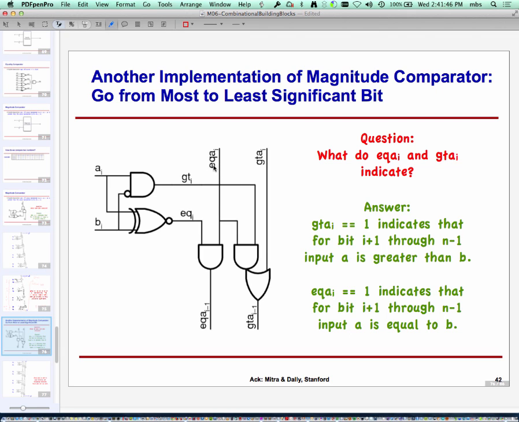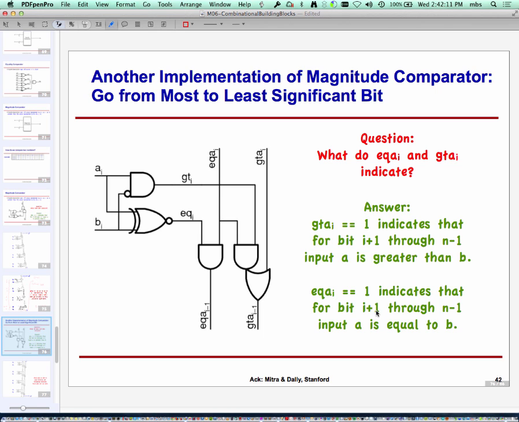One is the input called EQAI, and the other is GTAI. EQAI says that for bits number I plus 1 through n minus 1, A is equal to B. And GTAI says that for bits number I plus 1 through n minus 1, A is greater than B. So I have two inputs coming in, one saying upper bits are equal, the other saying upper bits A is greater.